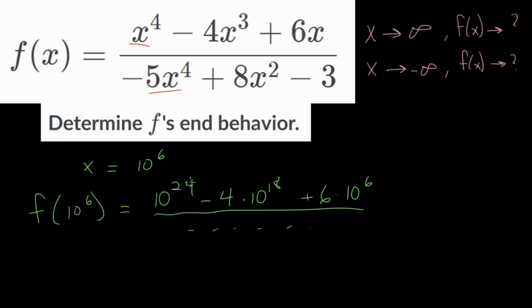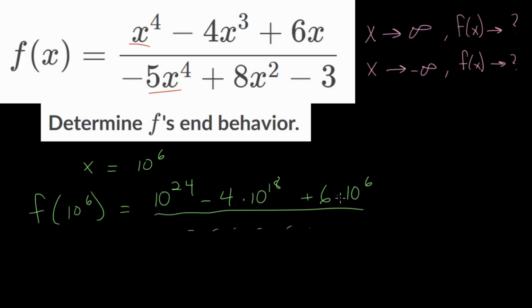But basically, this 10 to the 24th is a 1 followed by 24 zeros. And then we're subtracting 4 followed by 18 zeros. This number is so large that when we subtract this lower power term, this cubic term, this 4 followed by 18 zeros, it will barely change the number at all.